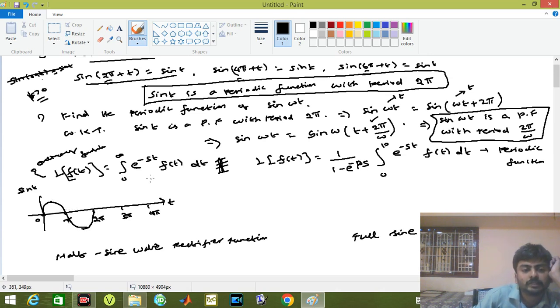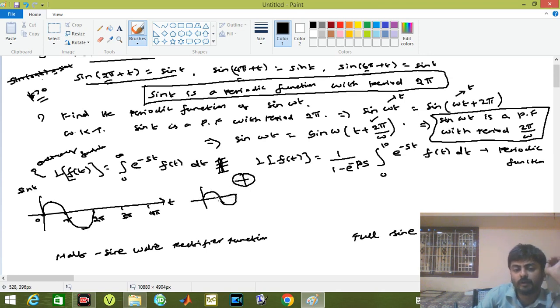See, this is a half cycle, and this is another half cycle. This is a half wave and this is another half wave. When these two half waves combine, they give you a complete cycle. This is one complete cycle of a sine wave.